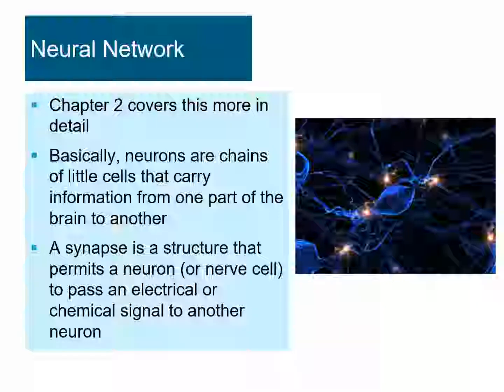And the synapse is a structure that permits a neuron or nerve cell to pass, it's that space in between neurons, an electrical or chemical signal to another neuron. So it could be like a cool firework display if you actually had the lights involved. This picture shows a simplified version of a bunch of neurons together. Your brain is a lot more complex than this.